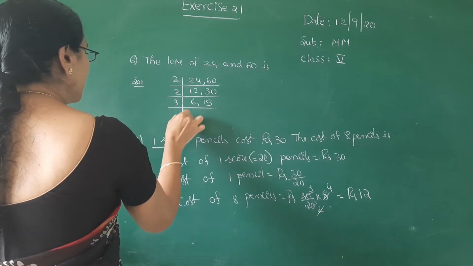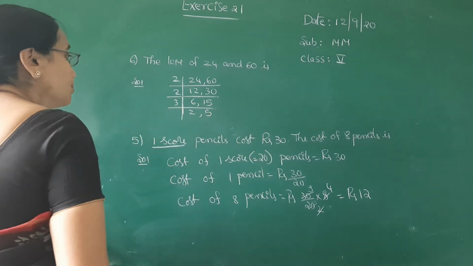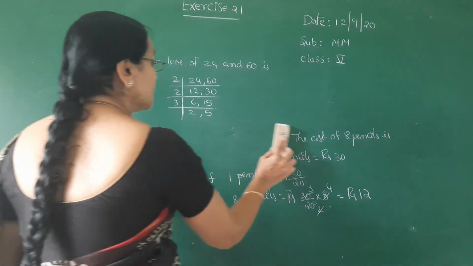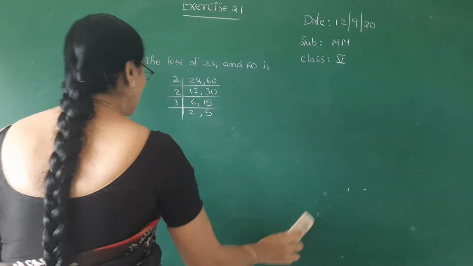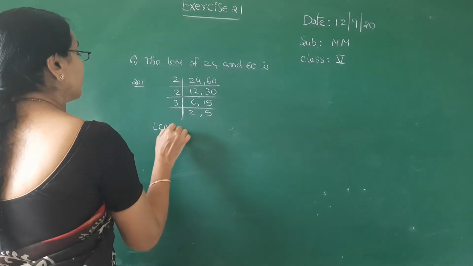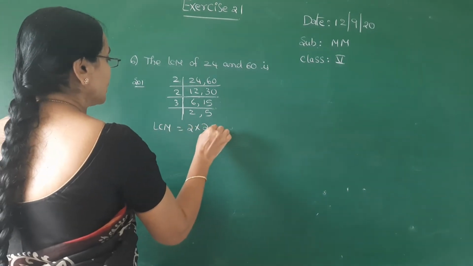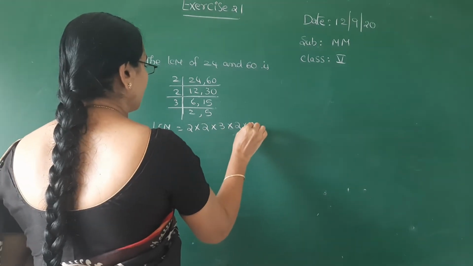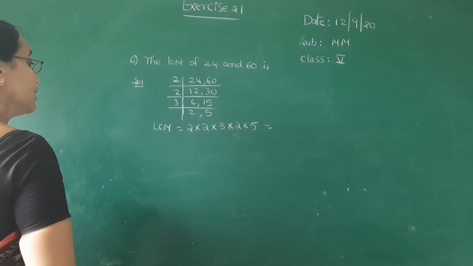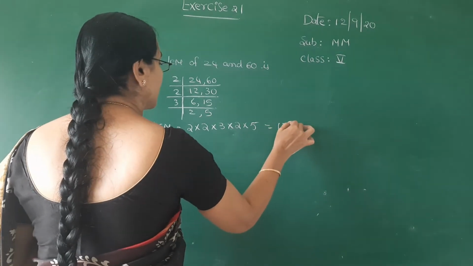Take the 3 table, 3 2s, 3 5s. Here 2 and 5 are prime numbers. No table will go into both numbers. So we have to stop the process and multiply these. LCM is equal to 2 into 2 into 3 into 2 into 5. So 6 2s are 12, 12 2s are 24, 24 5s are 120.